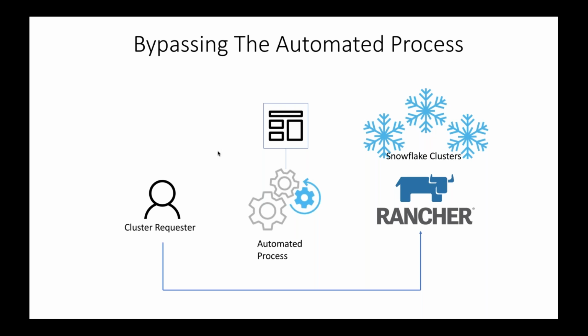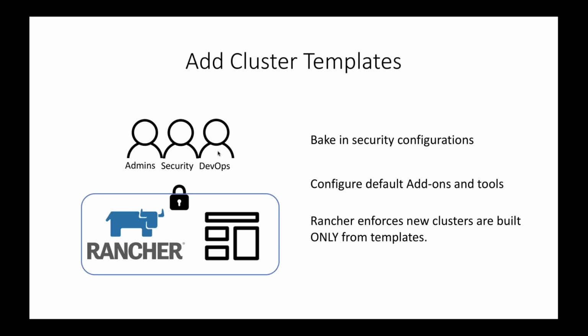To address this, we've brought in cluster templates. Now Rancher has a standardized configuration that's been worked on by your DevOps team and security teams, and it's now within Rancher, and it's Rancher's responsibility to enforce that the template is being used on all the clusters being created, making sure that these standardized configurations are used everywhere.